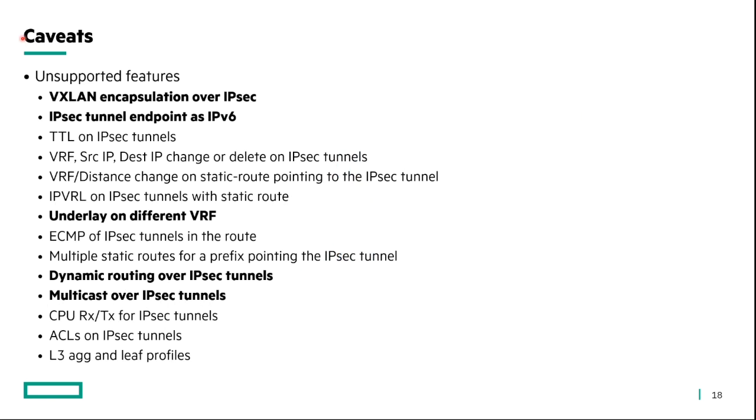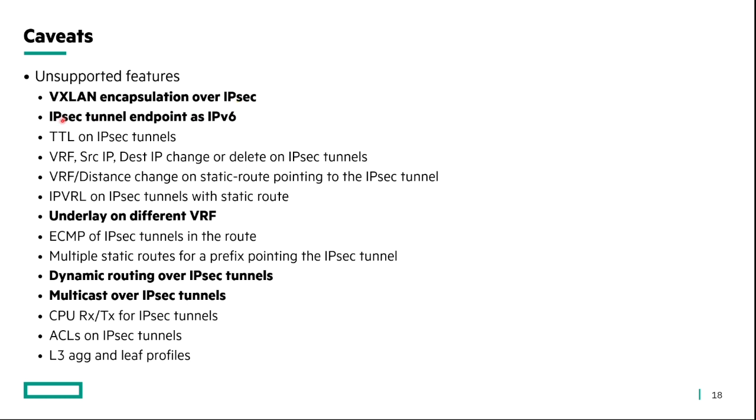I'll just run through some caveats, which are effectively unsupported features that will not coexist. Some unsupported features will impact networks more than others depending on the environment, but I've highlighted some of the more common ones that may impact general network topologies. First, VXLAN encapsulation over IPsec is not supported as part of this release.